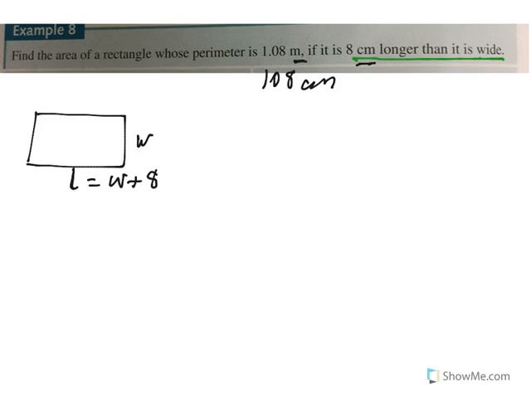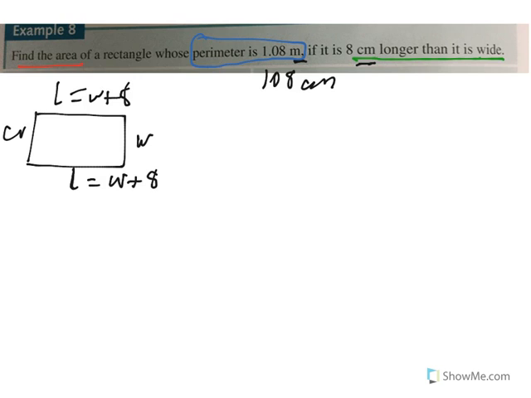Alright, so what do we know? What we've got to find in the end is the area. But at the moment, we know the perimeter, which is the distance around the outside. So we've got another width over here, and another length, which is width plus 8 here.